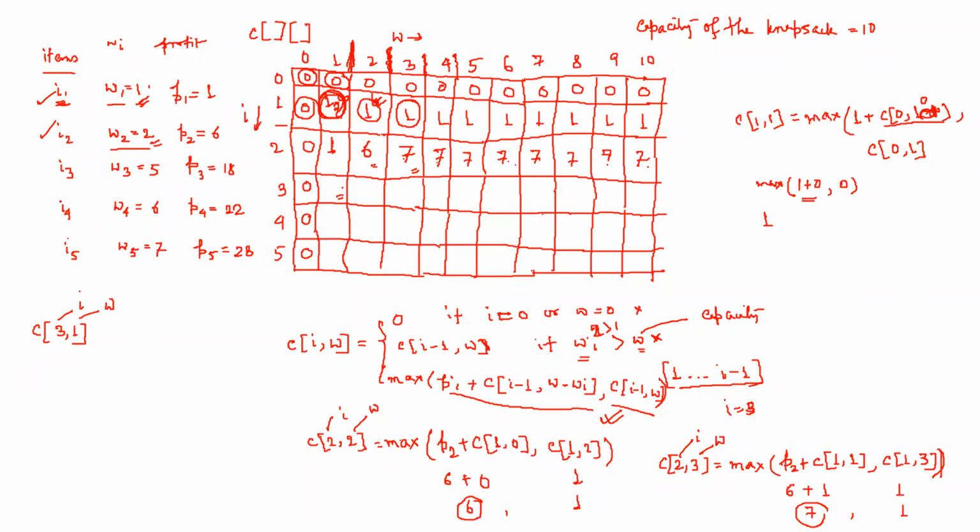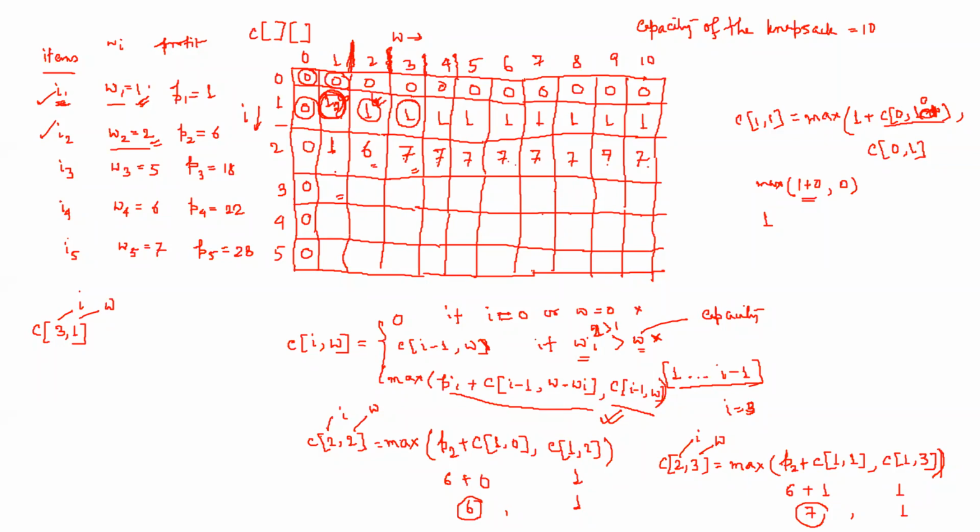If the capacity of the knapsack is 1 and I have 3 items, 1, 2, and 3, what should be the maximum profit? I can't choose item 2 because its weight exceeds the capacity of the knapsack. I can't choose item 3, its weight is more than the capacity of the knapsack.